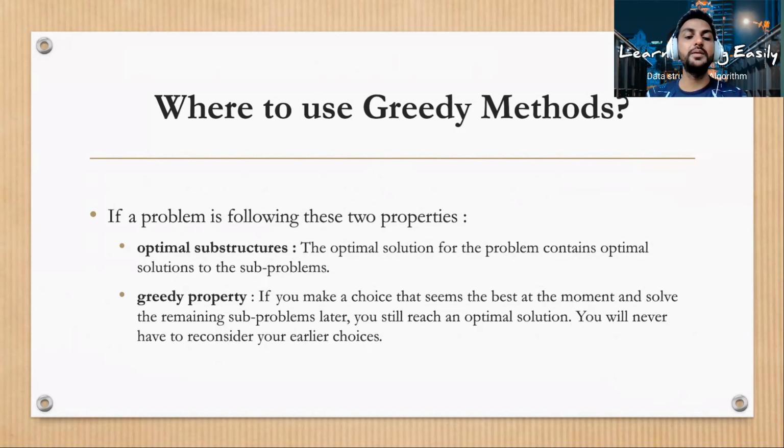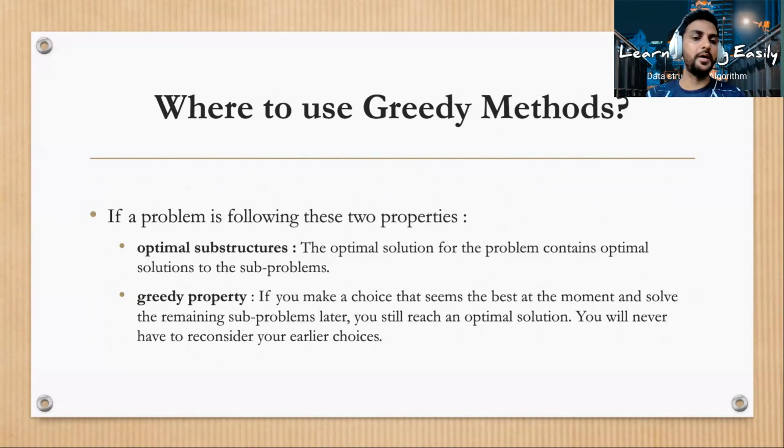This way you will keep going, you will reach the last. So this solution should give you the optimal solution. If that is giving the optimal solution, it means this problem is satisfying the greedy property, and we can solve this problem with the help of the greedy method. I hope it is clear.